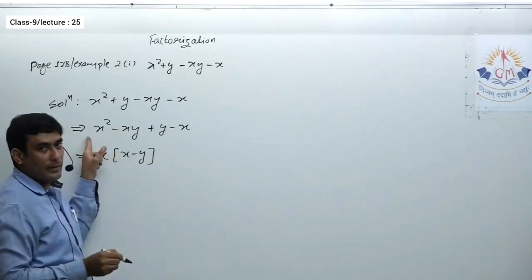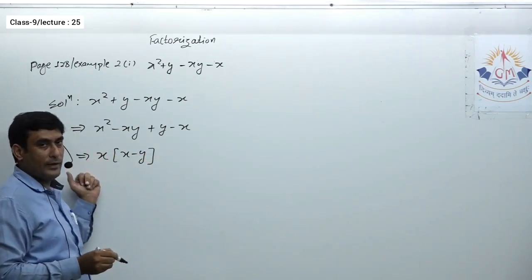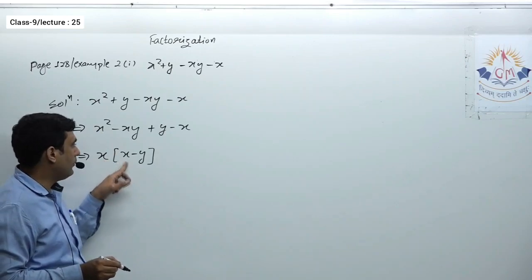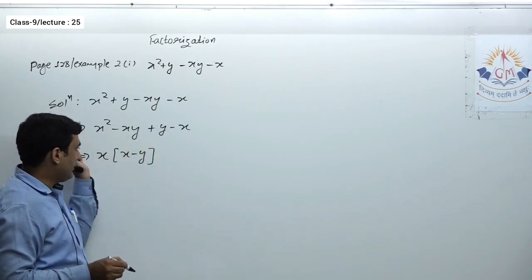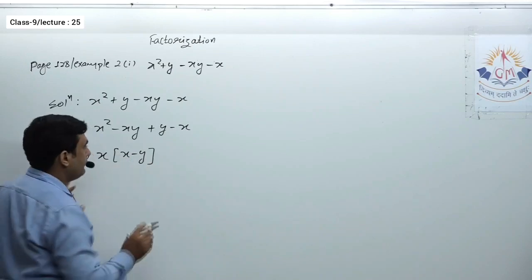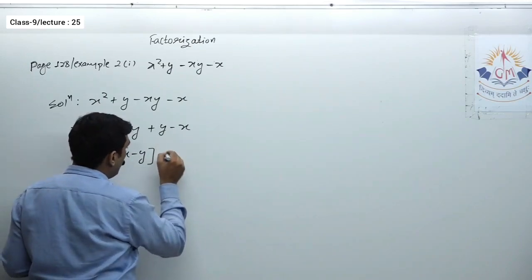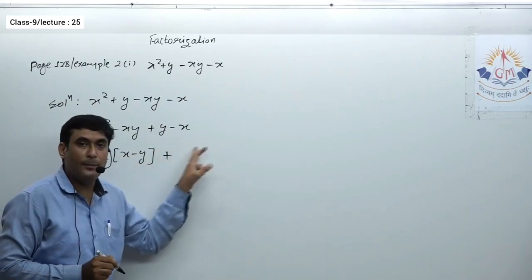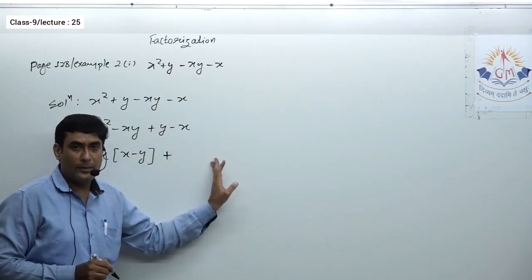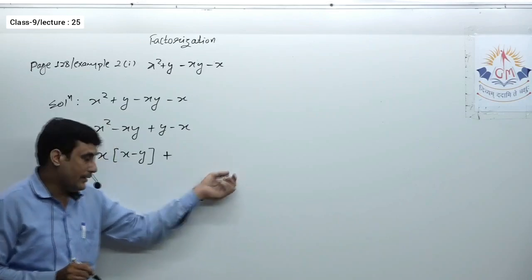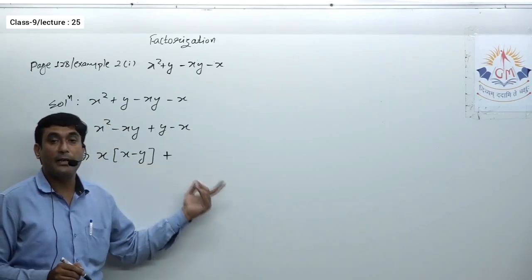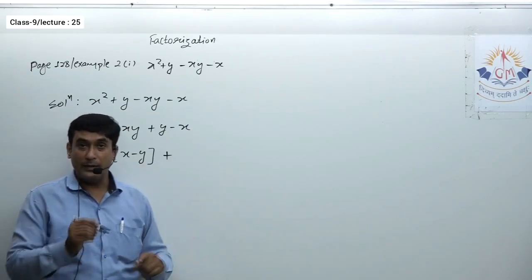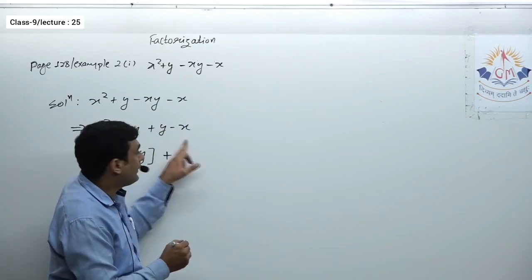X square, that is x multiplied by x. So if I take one x common, one x will be left over here, and one x came out, so y is left over here. Now from these two, definitely I can take one common, but if I take one common, I will get y minus x in the bracket, and that y minus x and this x minus y are again not the same.